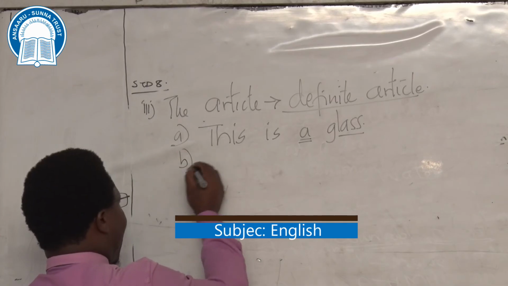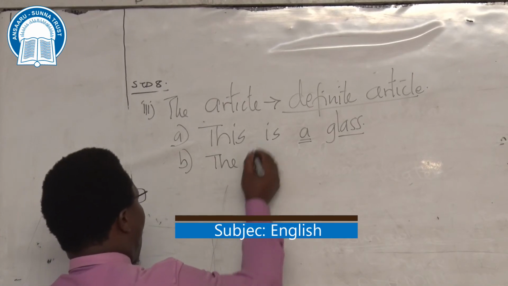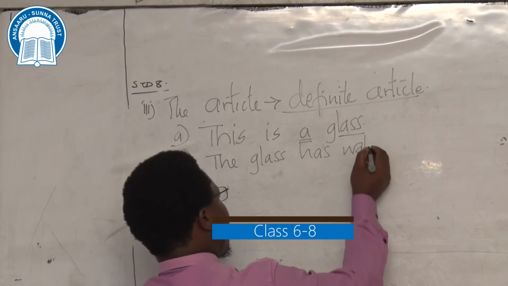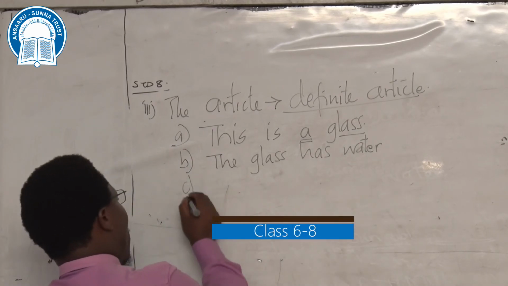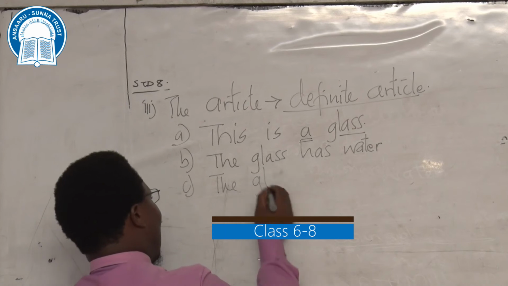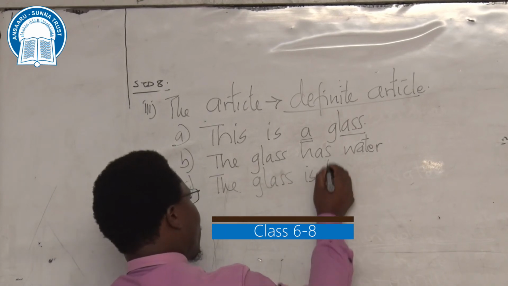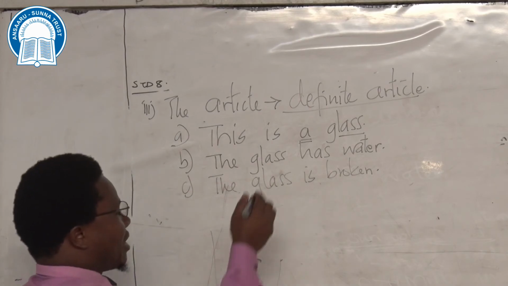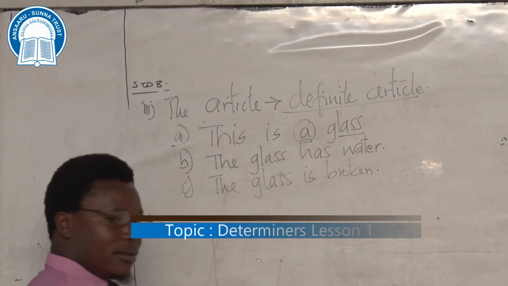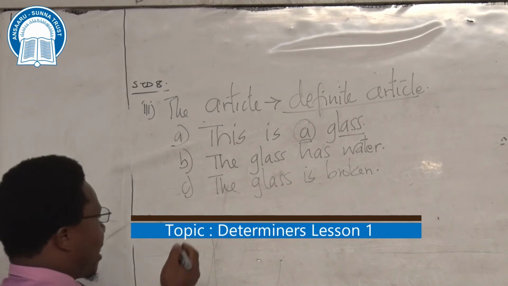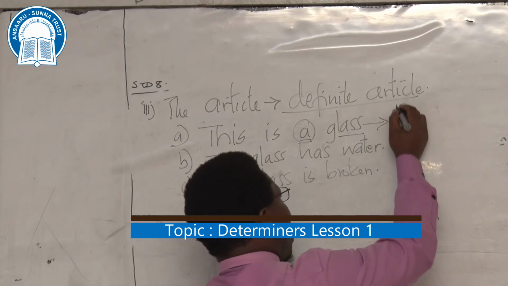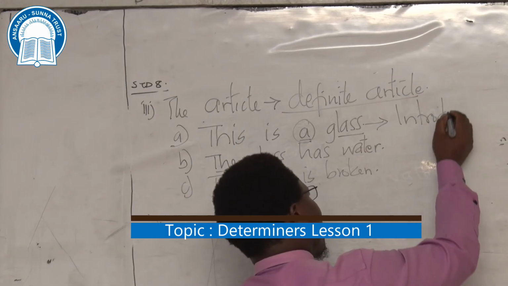The teacher goes ahead to say, "The glass has water." He may also go ahead and say, "The glass is broken." So in the first case, the teacher used "a." But in the second case, the teacher has used "the" because the glass has already been introduced.